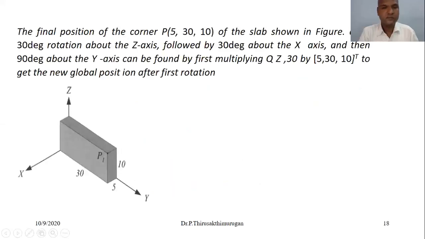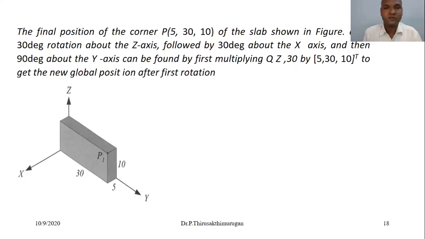First we see a simple example. You see here the final position of the corner P. That P point is represented by 5, 30, 10.